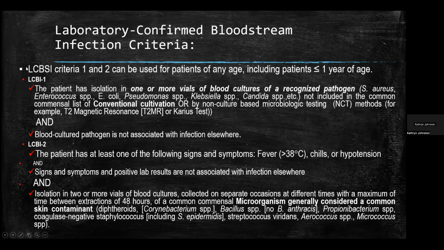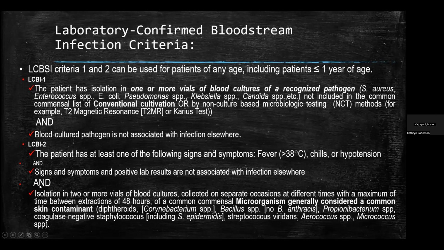So that is LCBSI1. And LCBSI2, the patient has to have at least one of the signs or symptoms, so either fever, chills, or hypotension, and they have to have signs and symptoms and a positive lab result not associated with an infection elsewhere. In other words, it can't be a secondary bloodstream infection.